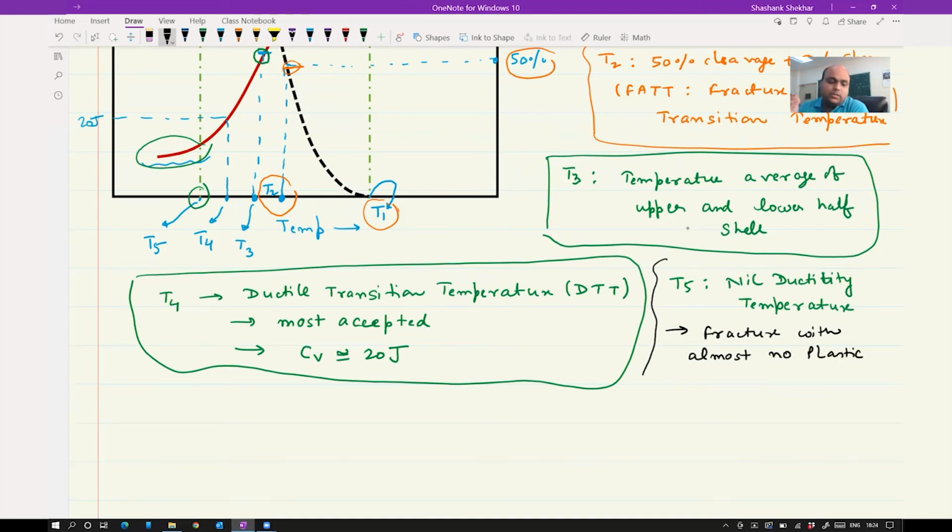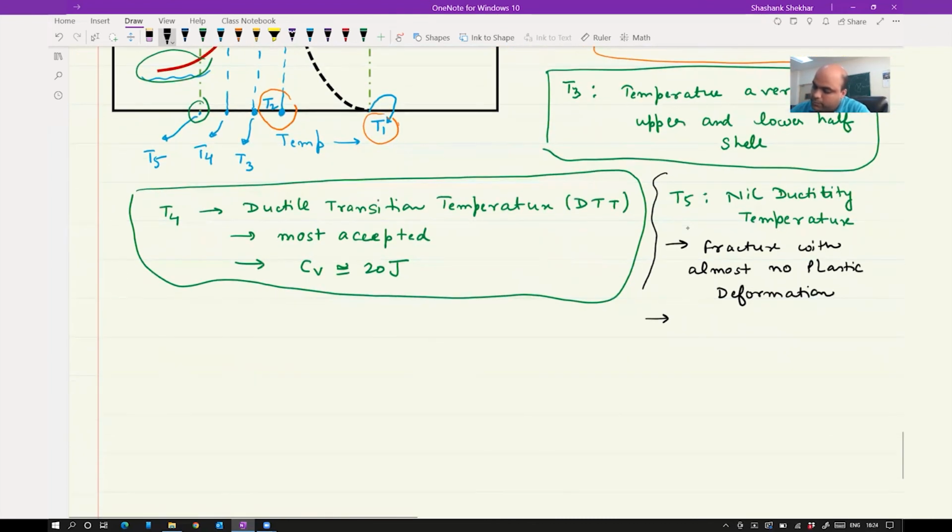That means it is 100% cleavage. Okay, that is what we discussed. And you can also write the probability of ductile fracture is negligible. Okay, below this.